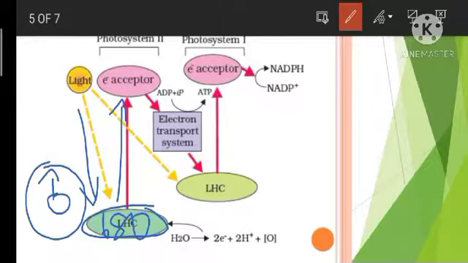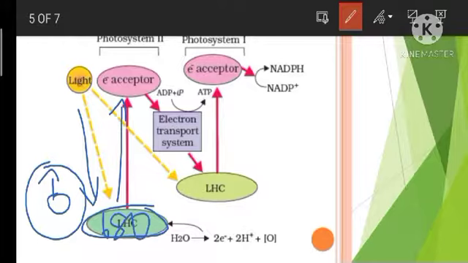Okay, so as these electrons have more energy now, they are at a high energy level, so they are jumping farther away from the atomic nucleus. Now these electrons are picked up by the primary electron acceptor.